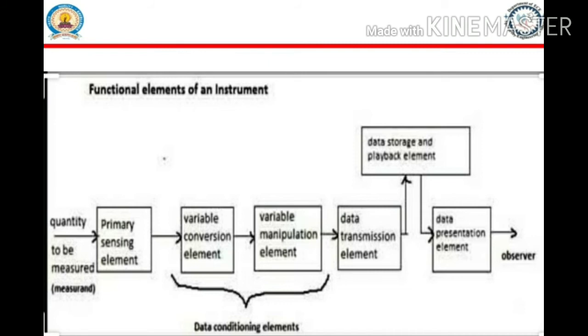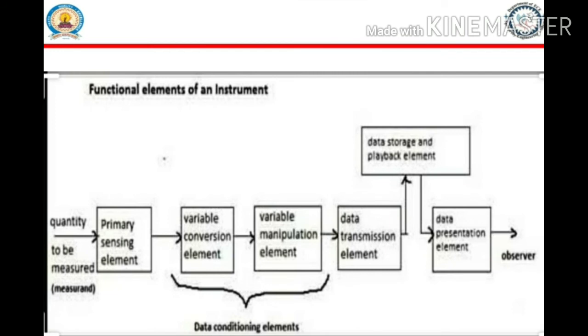This variable conditioning and manipulation is only to improve the quality of the variable, so that your calibration, your output quantity, and the result shown from your instrument will be more accurate. To increase the accuracy of the instrument, these intermediate stage operations are mandatory.